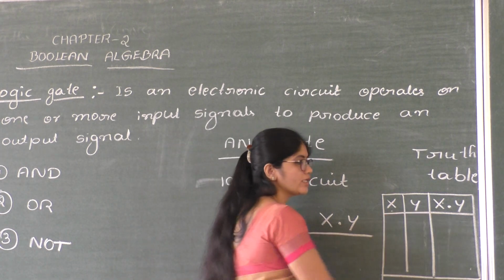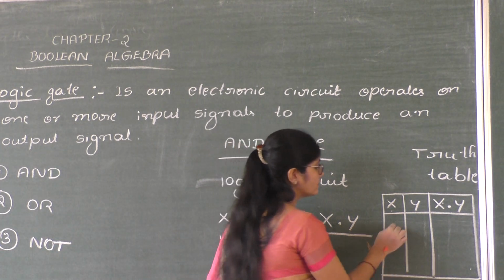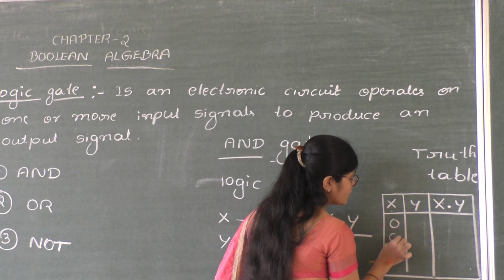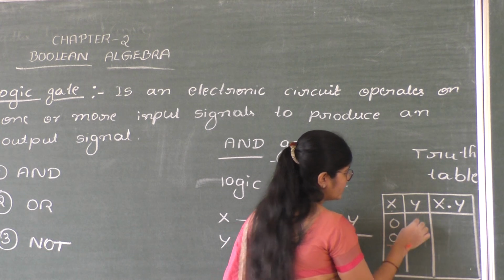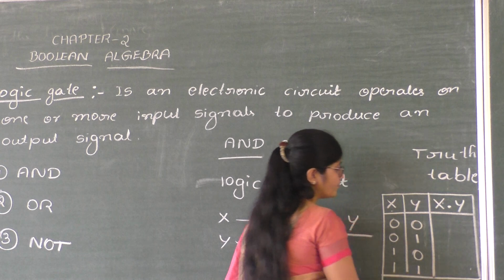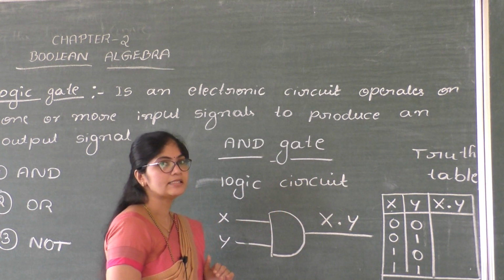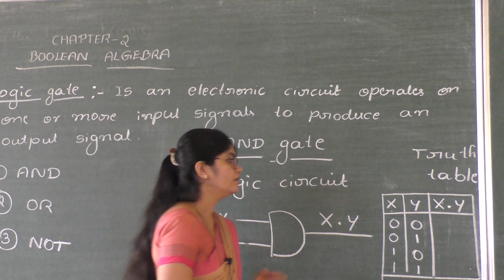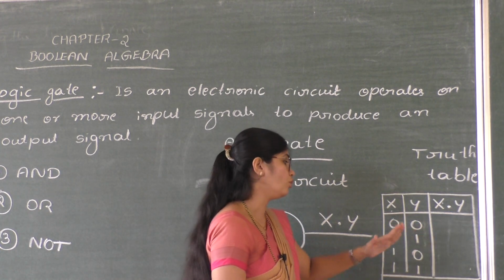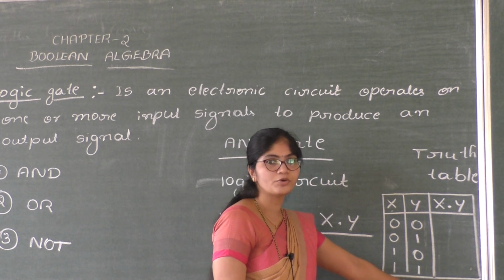Here you can see two input variables, so there should be four combinations. Combinations are 0, 0, 1, 1 in the X column, and in the Y column 0, 1, 0, 1. In AND gate, if any one of the input signals is 0, then the output is 0. If all the input signals are 1, then output is 1.